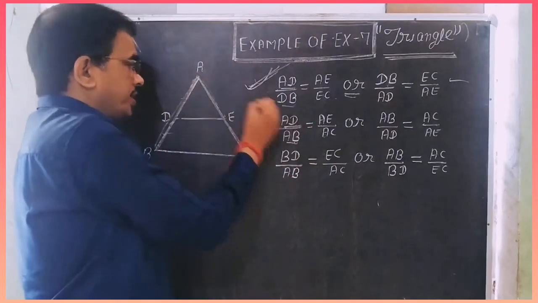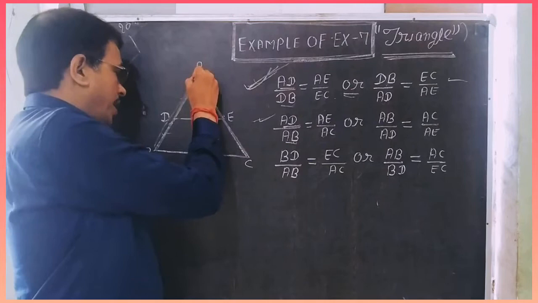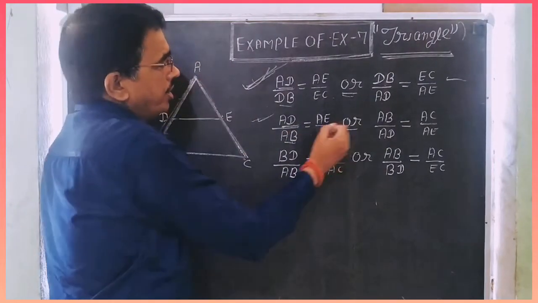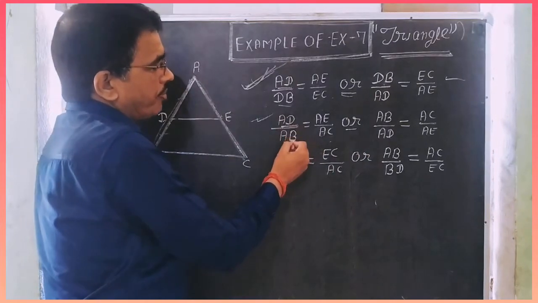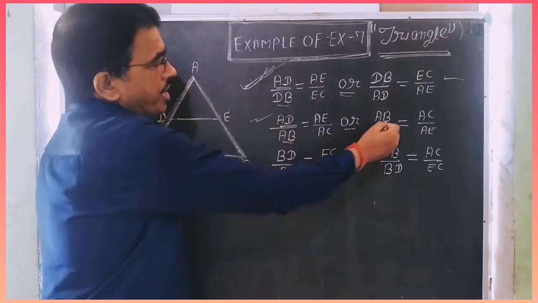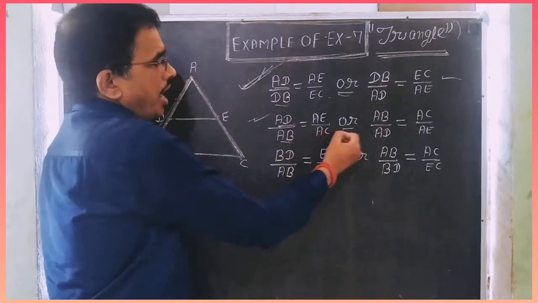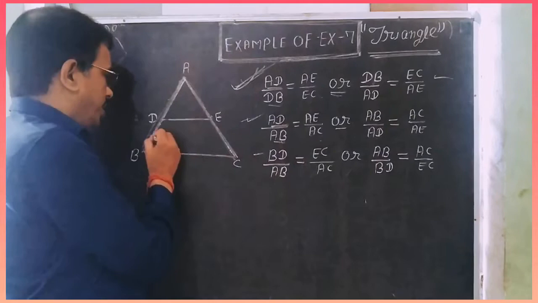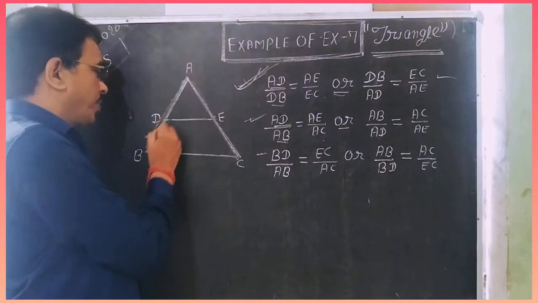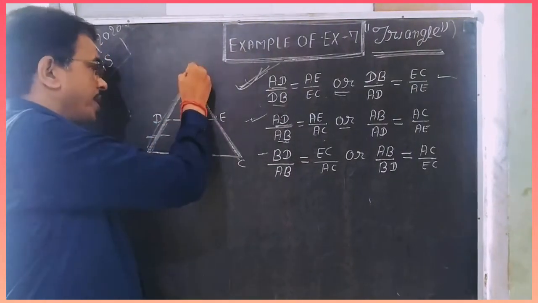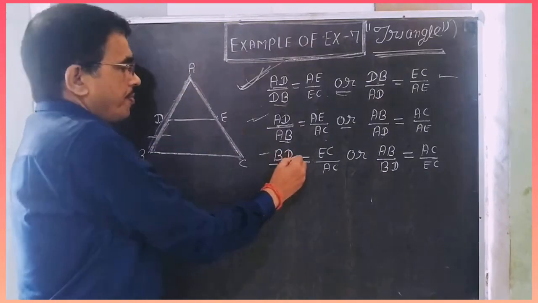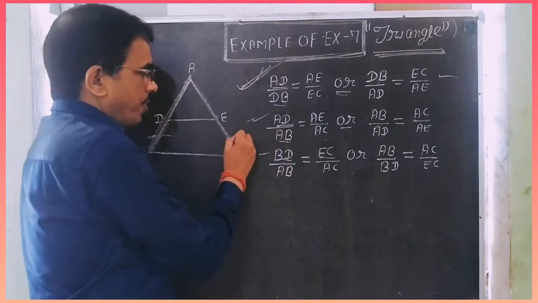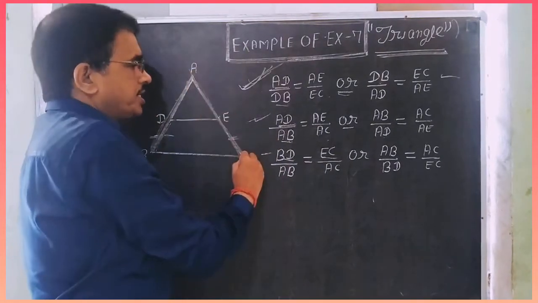You can write AD by AB is equal to AE by AC, or always in the reciprocal form also: AB by AD and AC by AE. Third, BD, the bottom part, by the total part AB is equal to EC, the bottom part, by AC, the total part.